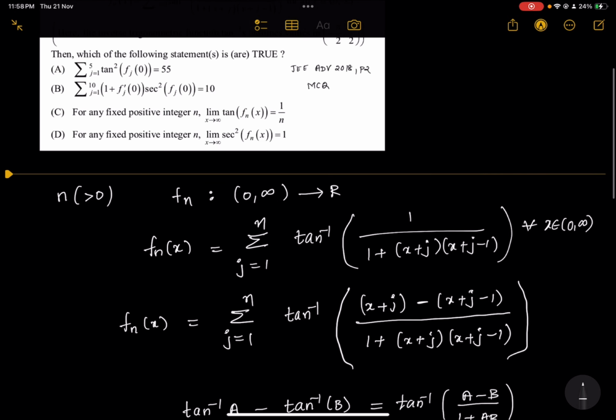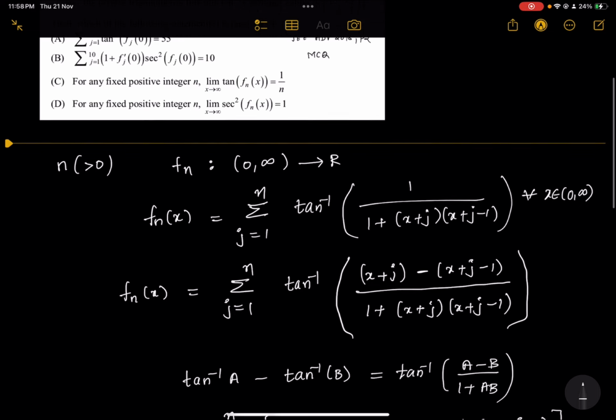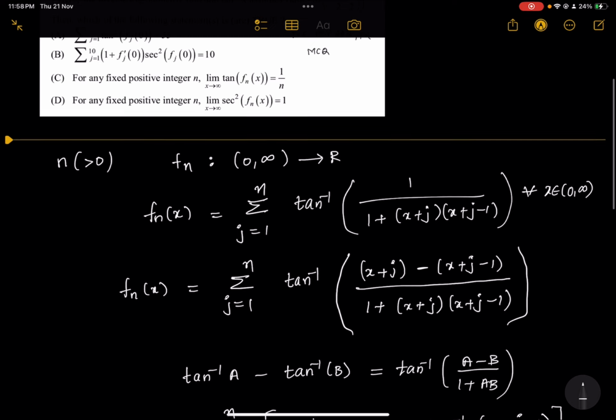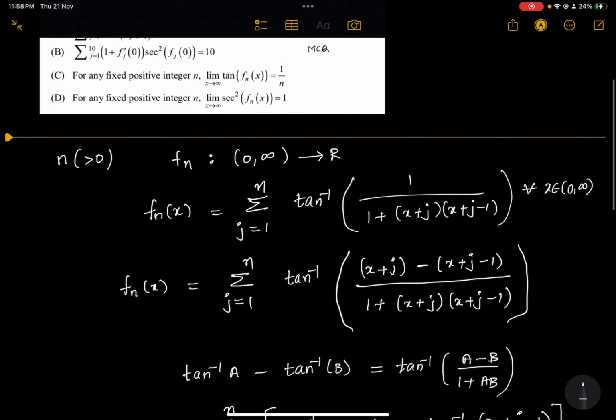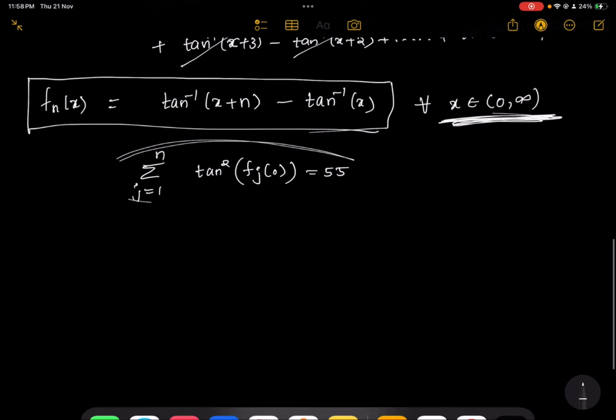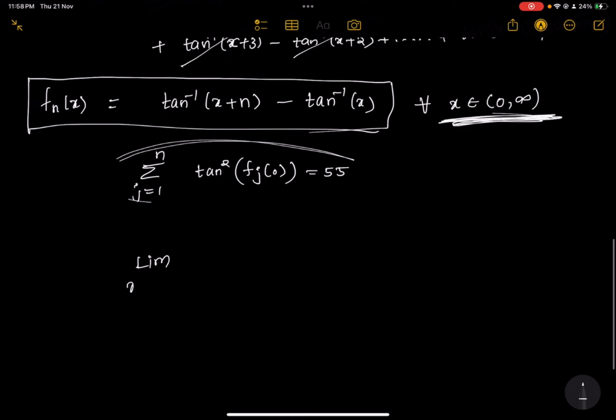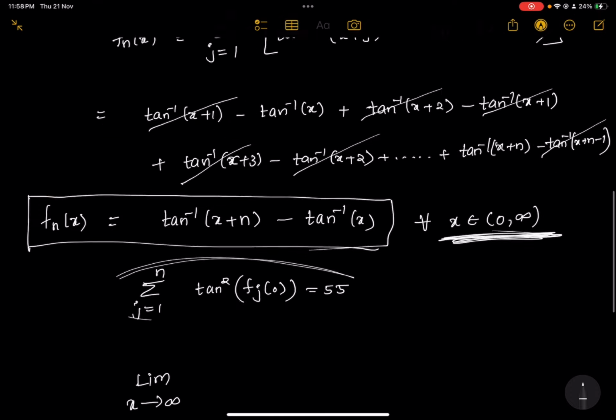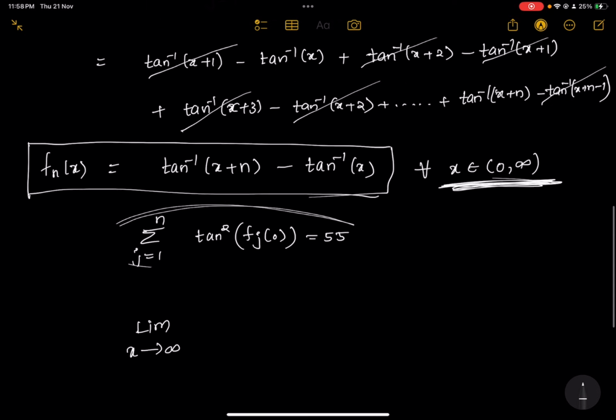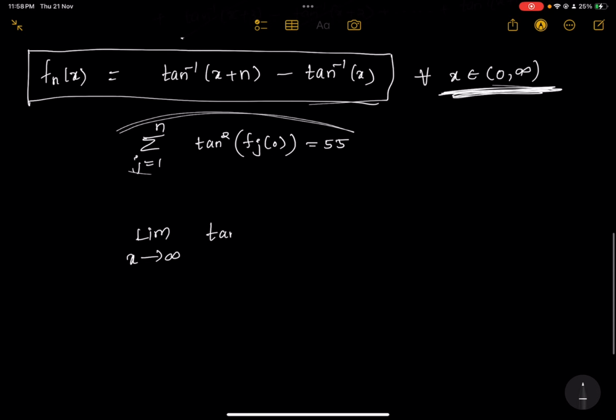So option A and option B are directly eliminated, so we cannot even find out those quantities. Now let us go to option C. For any fixed positive integer n, limit x tends to infinity of tan of fn of x.